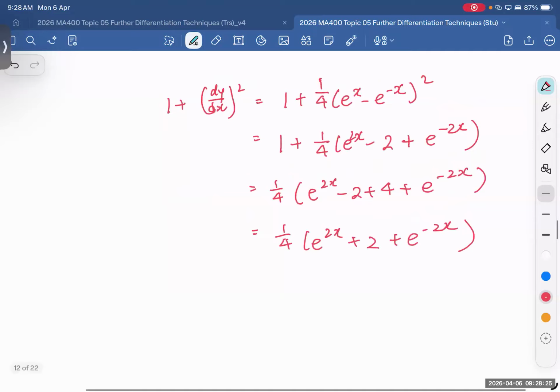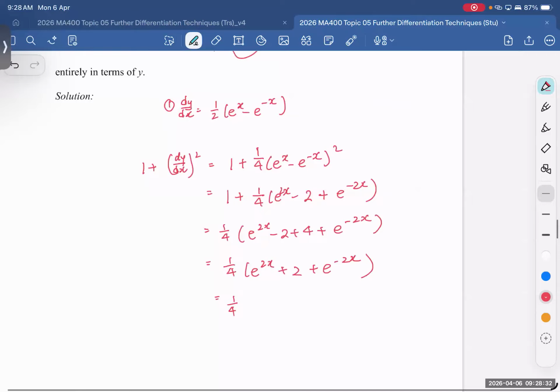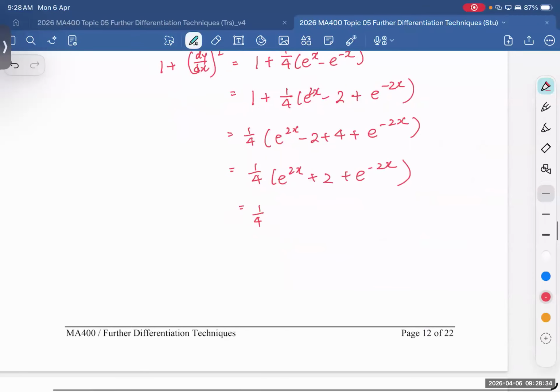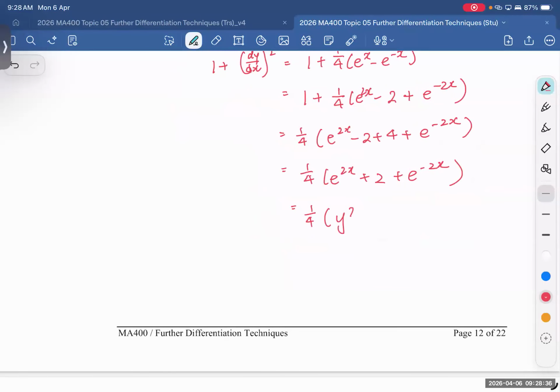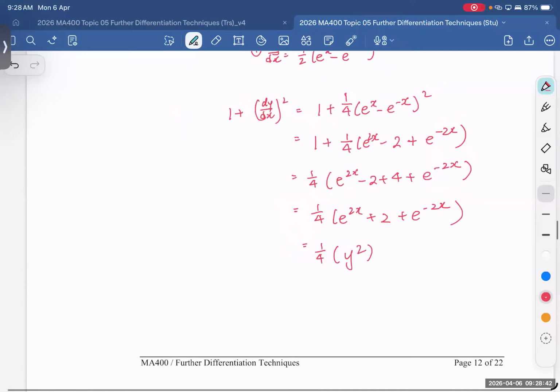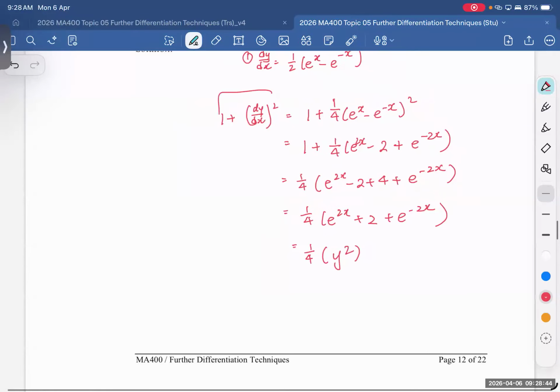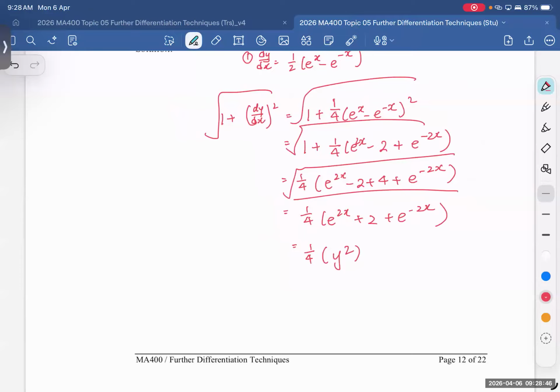What do you think this is giving you? Yes. You are smart enough to see this out. Is it y squared? Yeah, y squared. So if I square root this, half y.